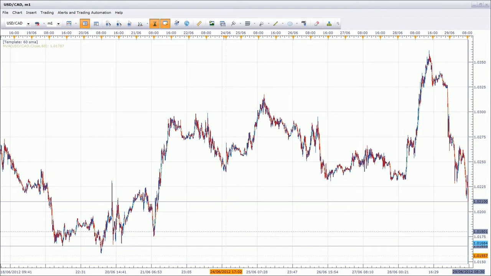Technically, based on the trade plan, I should have my support level drawn at 30 pips, which is at 1.0180. Now you can see that 30 pips would have made a decent support level, but a better support idea would be at these lows out here.